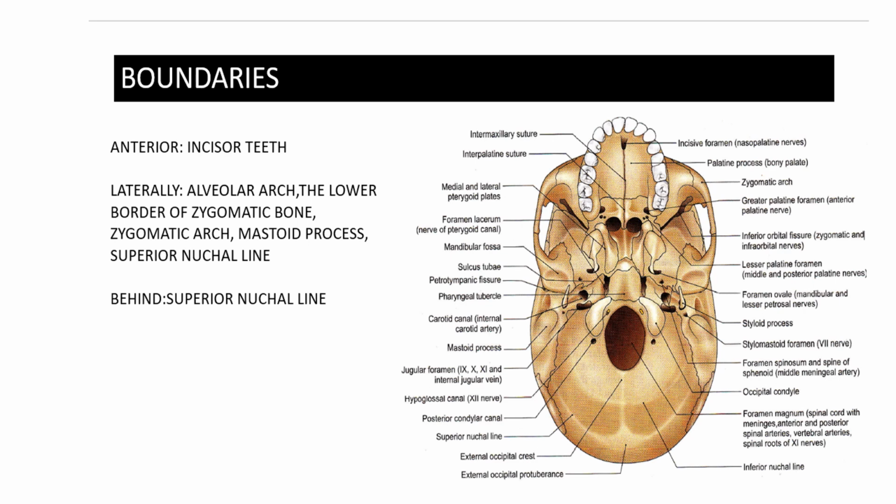So what is the alveolar arch? The alveolar arch bears sockets for the roots of the upper teeth. After the alveolar arch, we see the lower border of the zygomatic bone. Then after that, the mastoid process, and after the mastoid process, behind all, the superior nuchal lines form the posterior boundary of the Norma basalis.